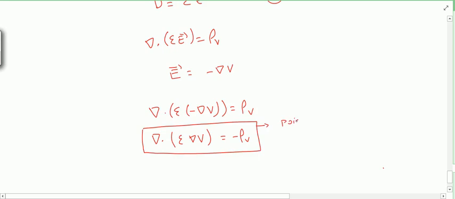This equation here is Poisson's equation in non-homogeneous medium. So in non-homogeneous medium, you can use this equation as Poisson's equation.